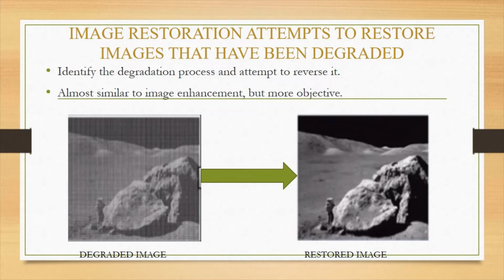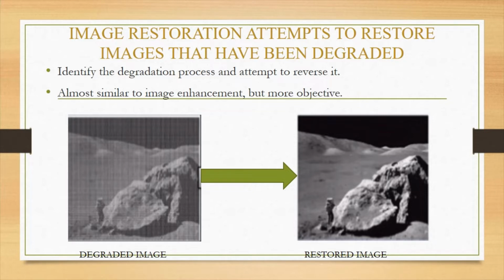If you apply this particular image and extract the quality image through a particular methodology in the restoration process, that image is denoted as the restored image. That means the periodic noise affecting the input image is minimized and the qualitative image is extracted, which we name the restored image.